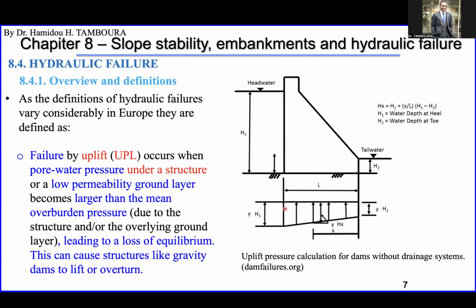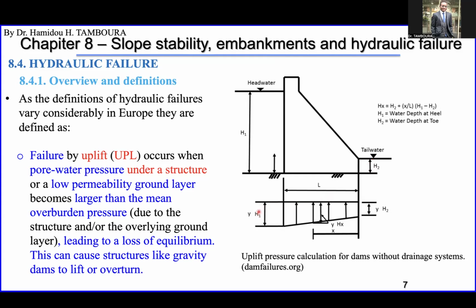So the pressure is not uniform under the dam, okay. Upstream here, pressure is higher than here. And it depends on the height of water here, you can see H1, and the height of water here, H2. Sometimes this H2 can be 0, but not always.